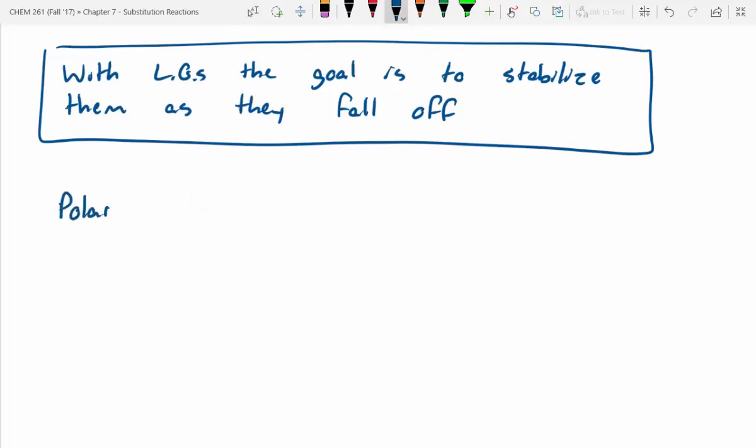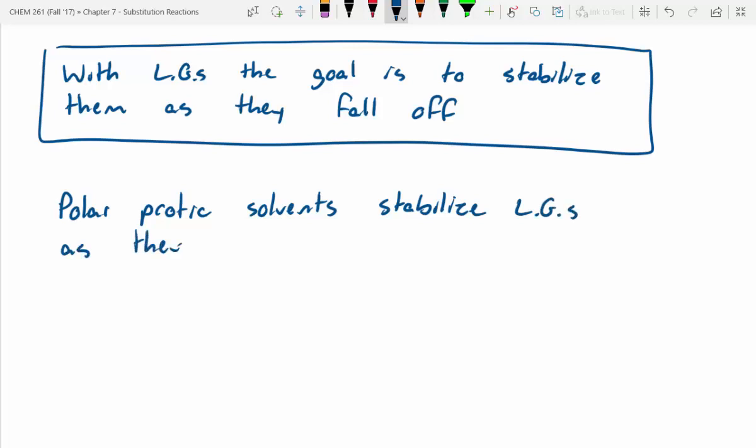Polar protic solvents stabilize leaving groups as they fall off through H-bonding.